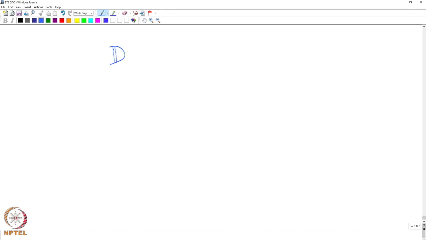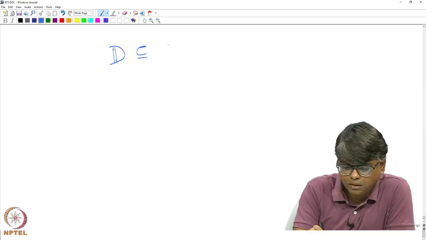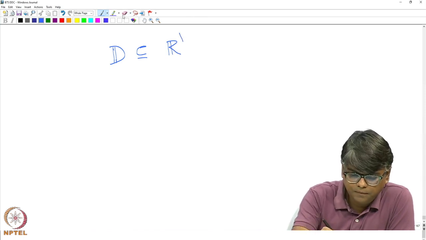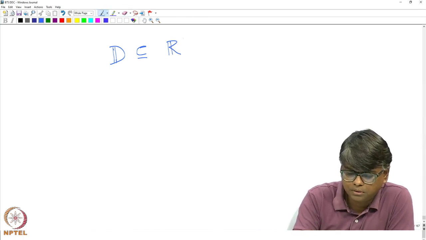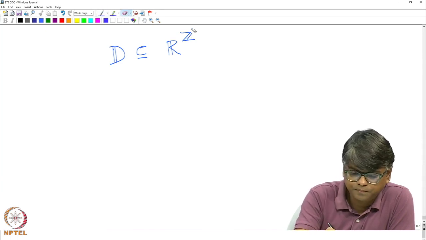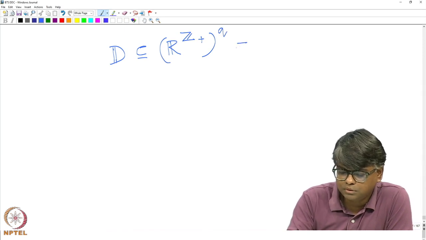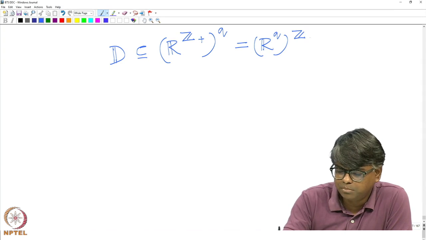a collection of trajectories, basically D is a subset of the universum, and the universum is actually all possible trajectories, namely T raised to the power of Z plus, sorry, (R^q) to the power Z plus, which is also the same as R^q to the power Z plus.